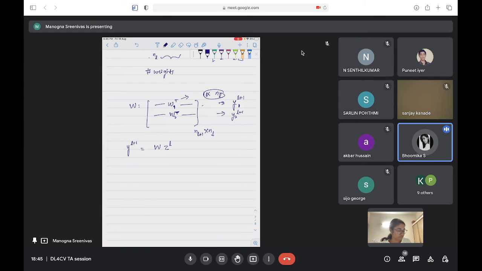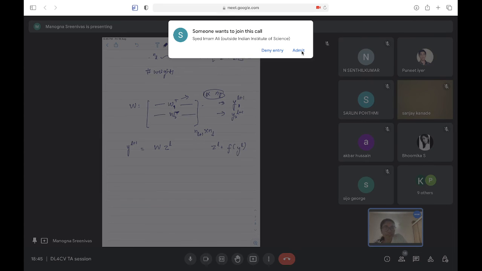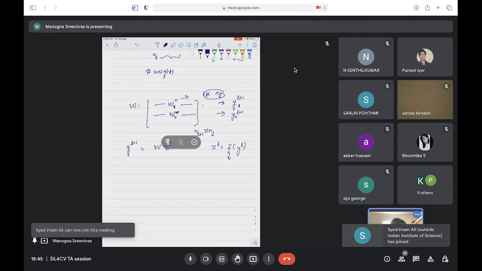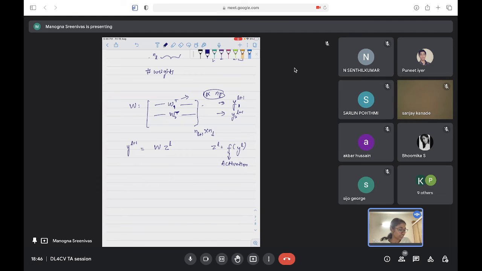It's W into X plus the bias, and Z_L is actually f of Y_L. That is the activation I'm using. I want to apply nonlinearities at the end of each neuron, right? So Y_L is the output of each neuron, that is W transpose times the previous one, right? So this is what I want to do. Make sense? Okay.